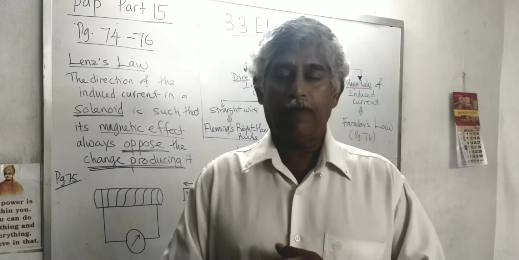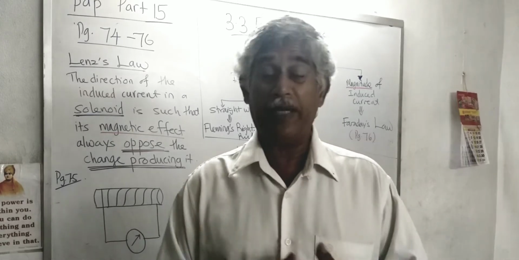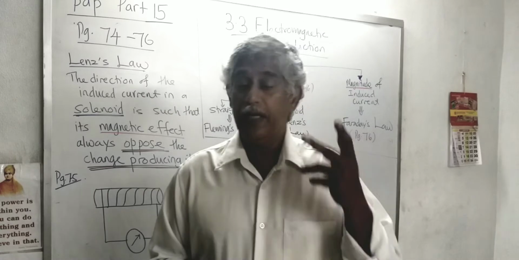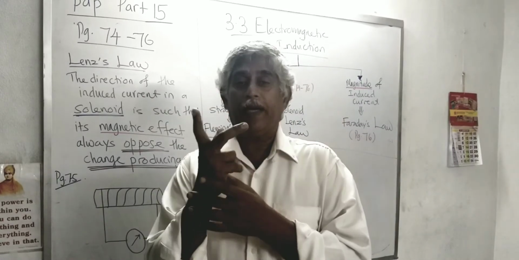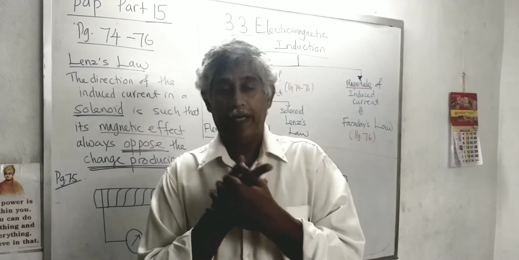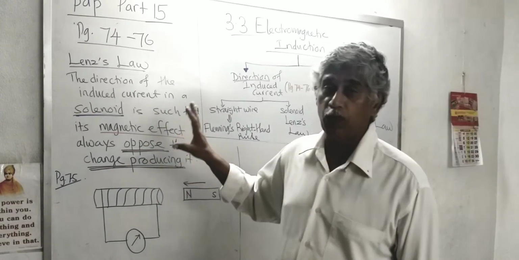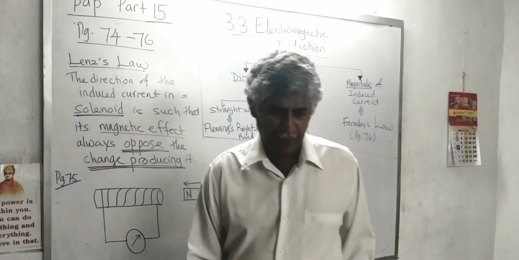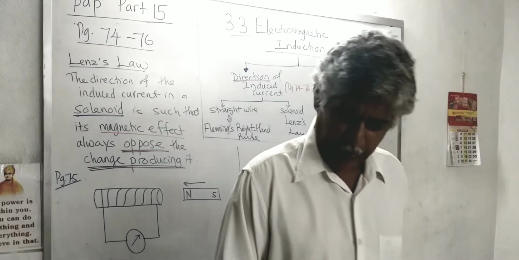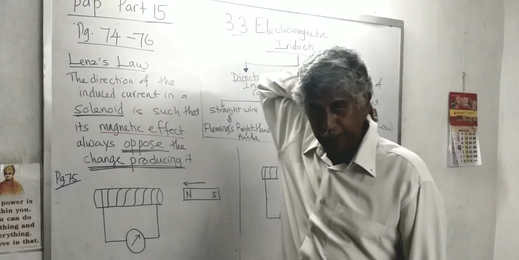For Fleming's right hand rule, they won't ask which finger is for what. Sometimes they do, but most of the time they don't. They will be more interested in you applying the Fleming's right hand rule to determine the direction of current. But for Lenz's law, sometimes they may ask what is Lenz's law. So you can refer to page 74 in your notes, where you can get this definition.